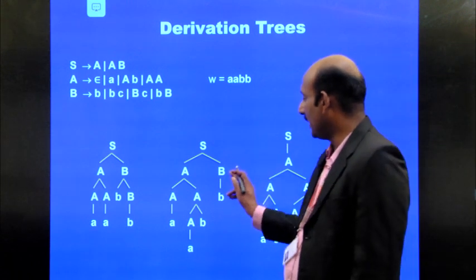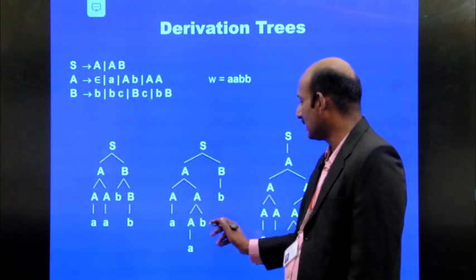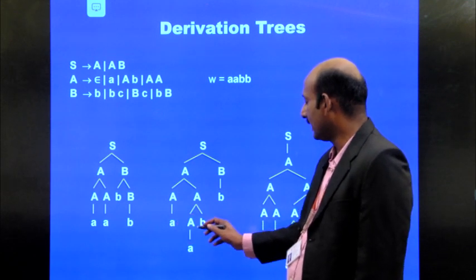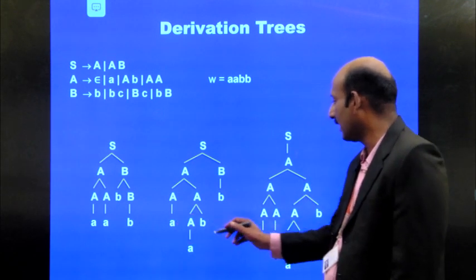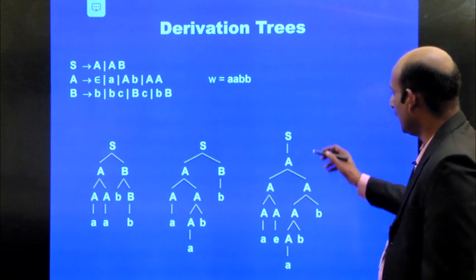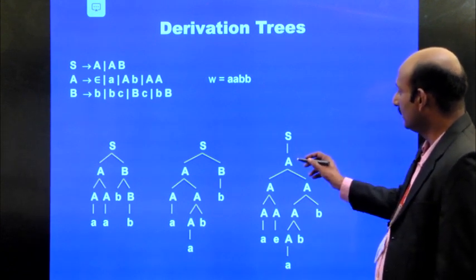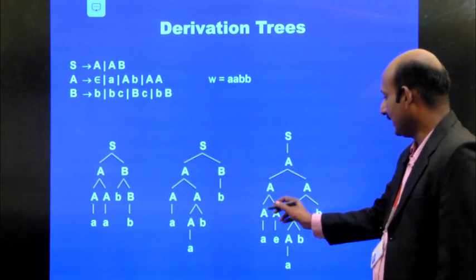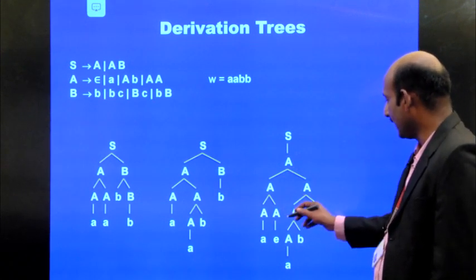So now let's choose the next. S tends to AB. Again, the leftmost non-terminal to be replaced is A. Then again A is replaced by AA, likewise. Similarly, S gives AB, and again A is replaced by AA, likewise.